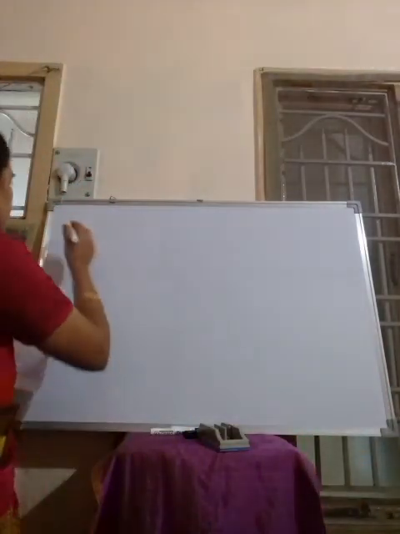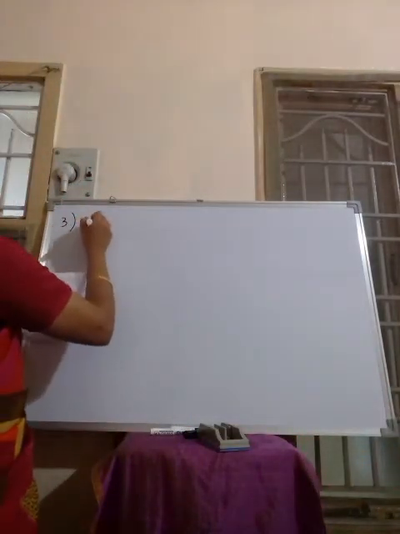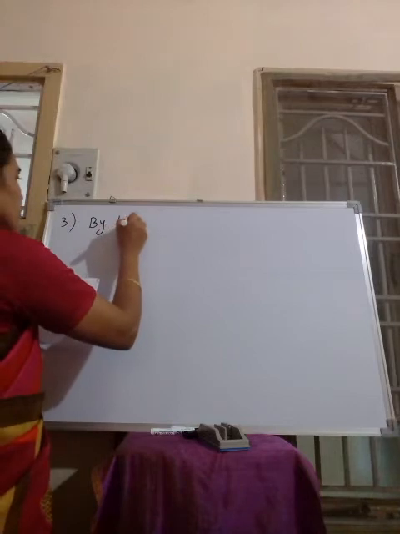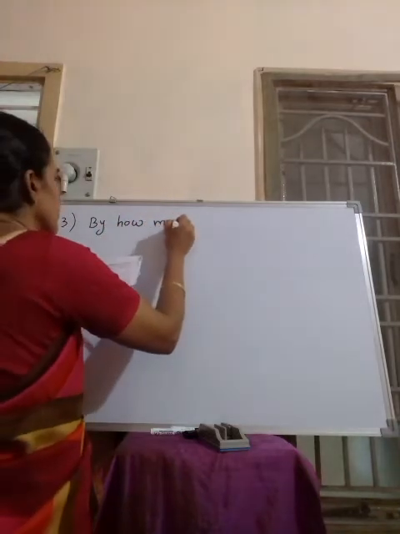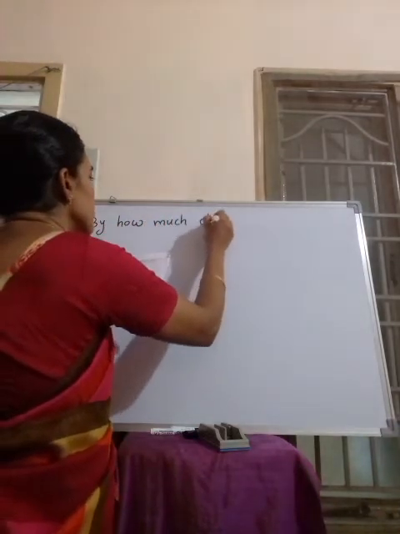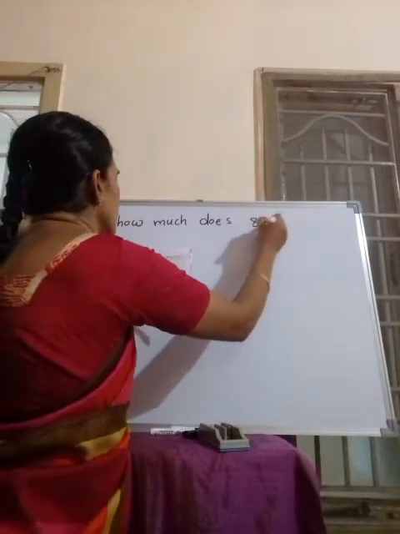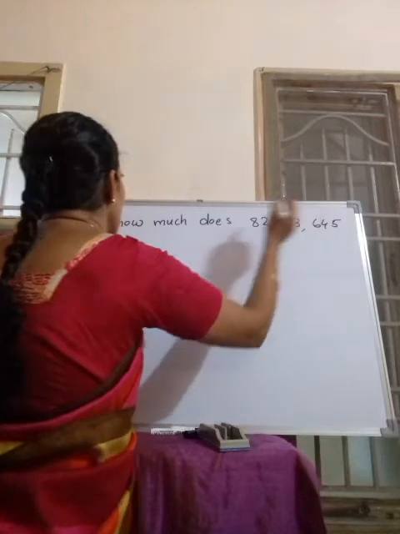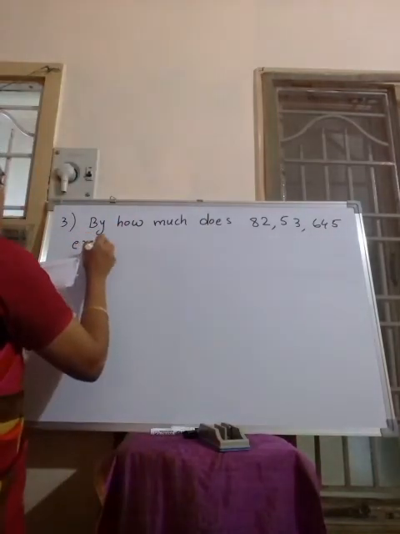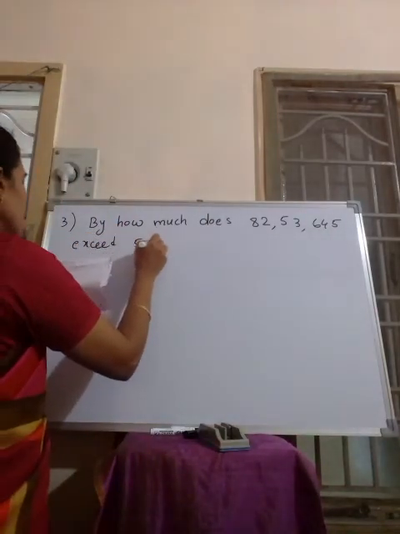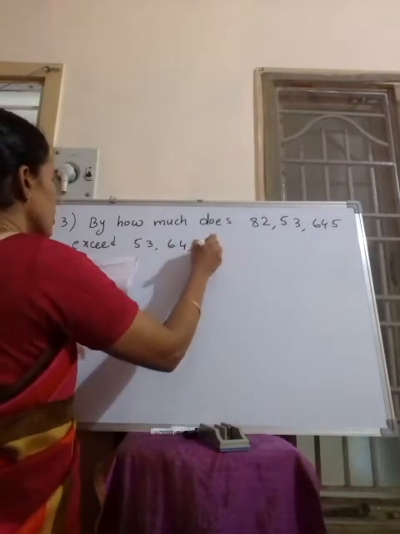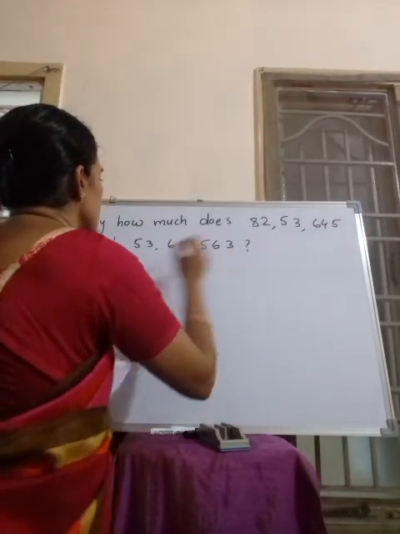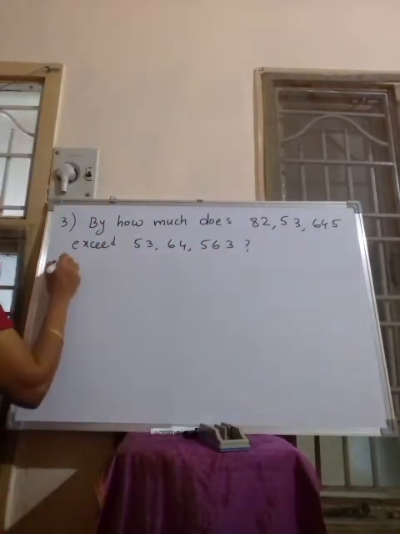Third one. By how much does 82 lakhs 53,645 exceed 53 lakhs 64,563? Okay, by how much?